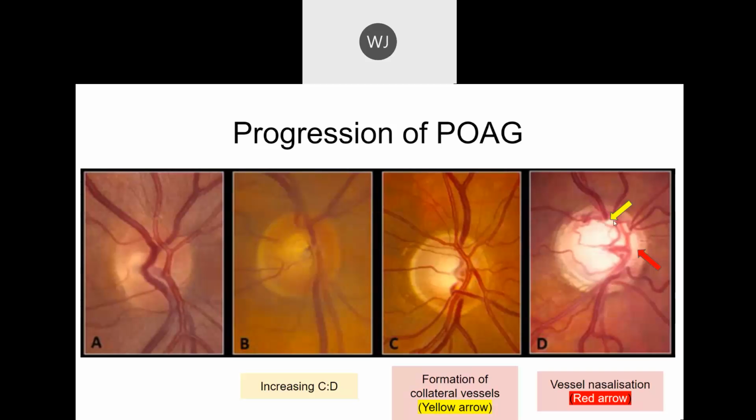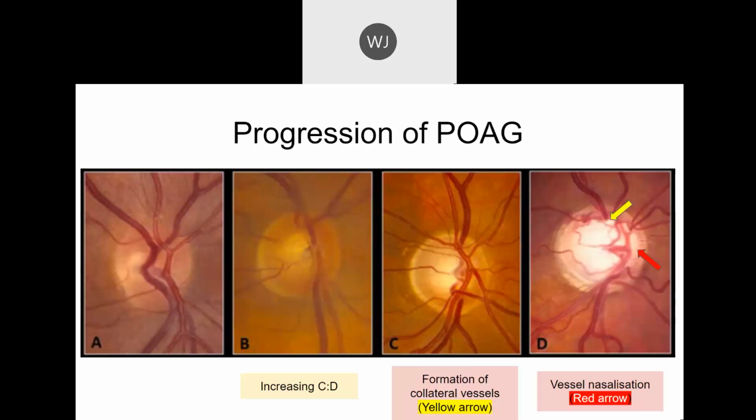I'll just point out on the last photo because it's the most progressed type of primary open-angle glaucoma. You see there is a formation of collateral vessels at the yellow arrow, and because this is from the same patient, you can actually look at the differences among the pictures.